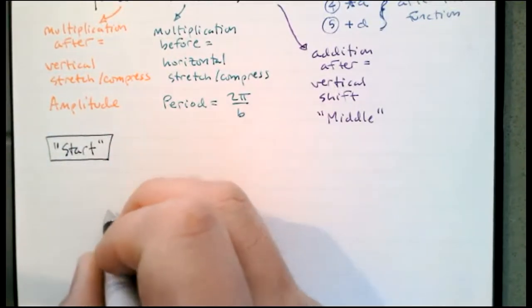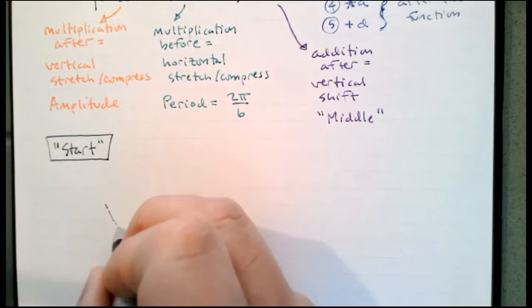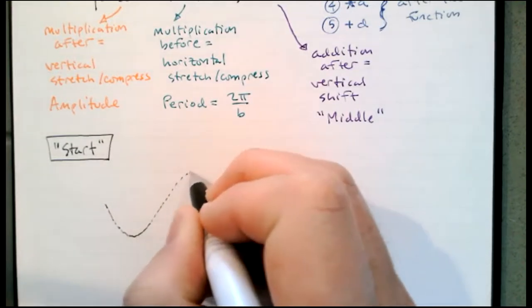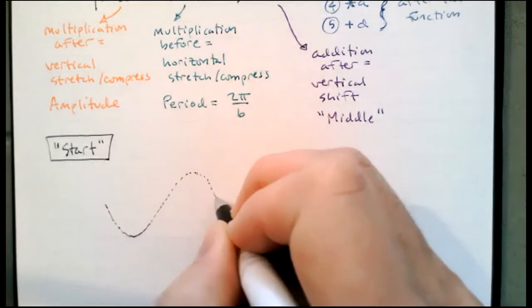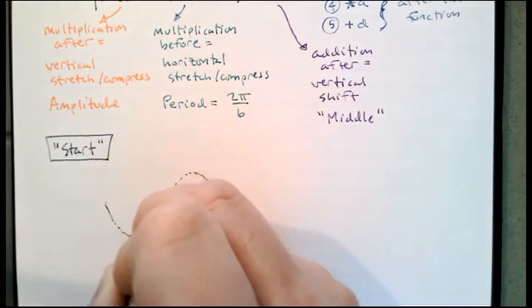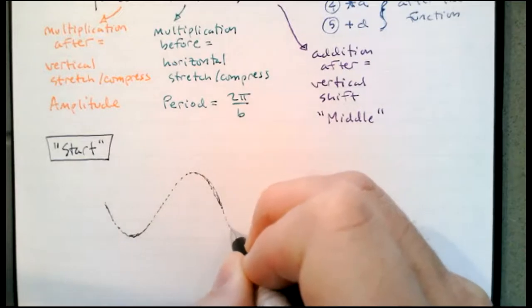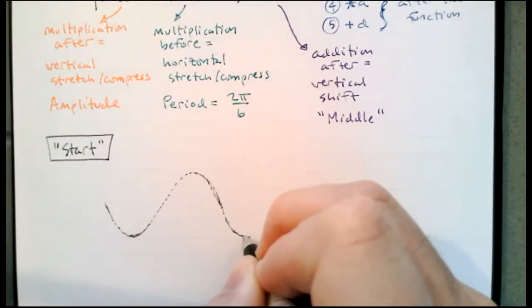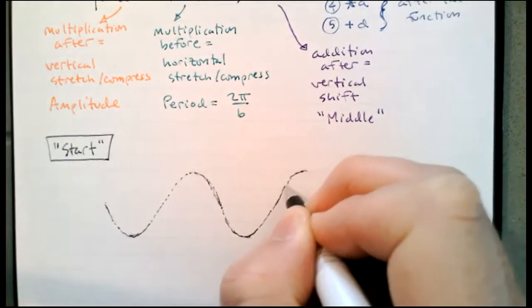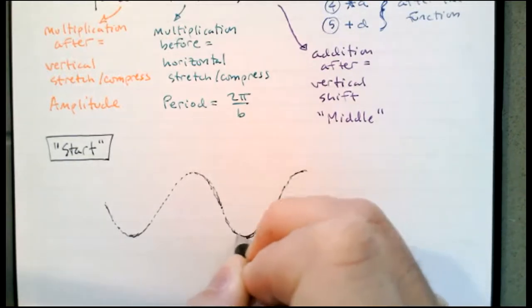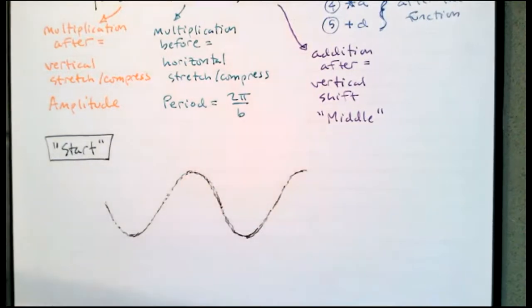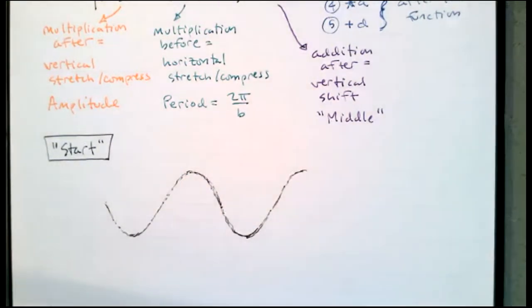So when we have a sinusoidal graph, it goes down. We've got a top, a middle, and a bottom.